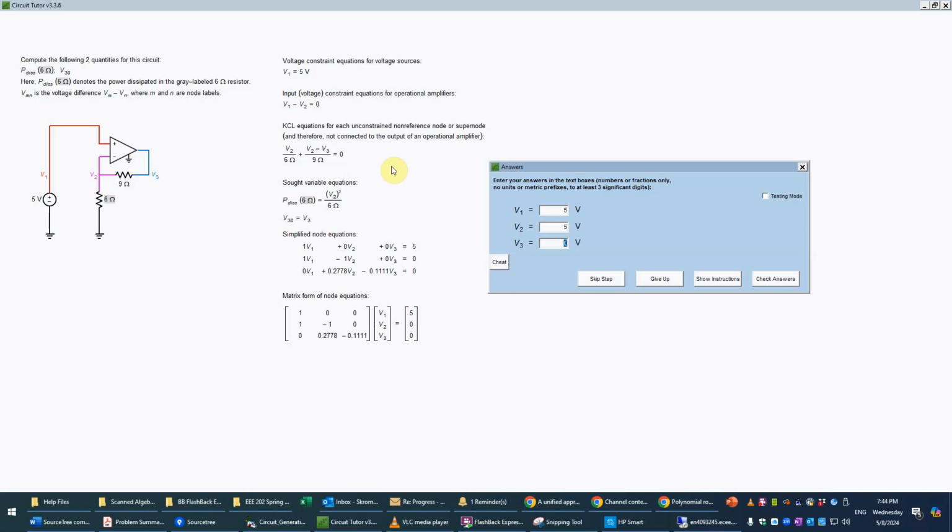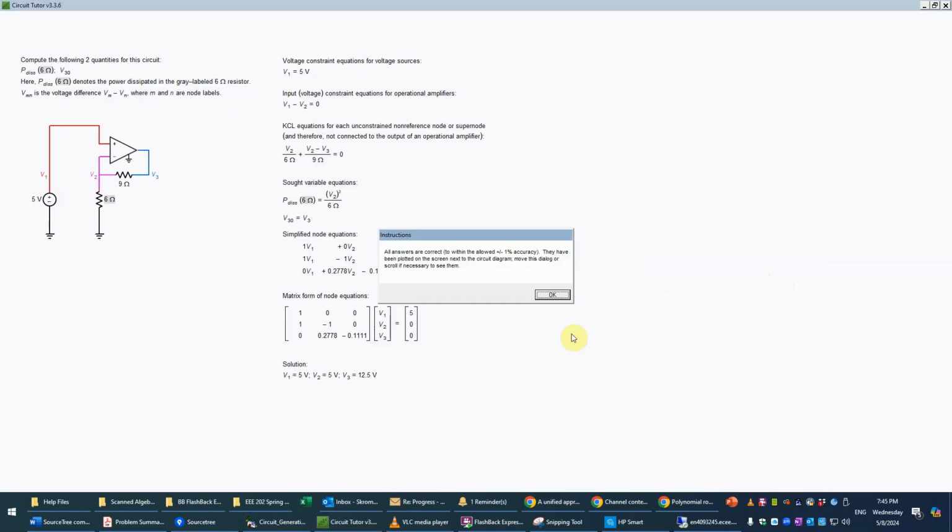So 5 times, well, let's see, we have 9/6. So that's a gain of 2.5 times 5 is 12.5. So I'll just put in 12.5 volts there, which again, you can do that very simply on paper if you need to. And we'll check that, and that is correct.